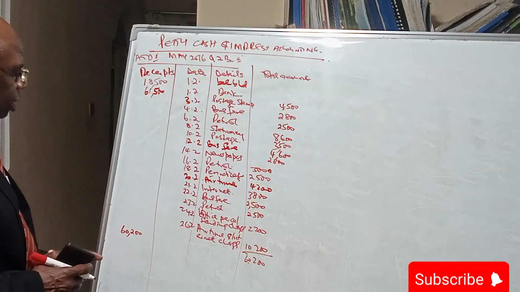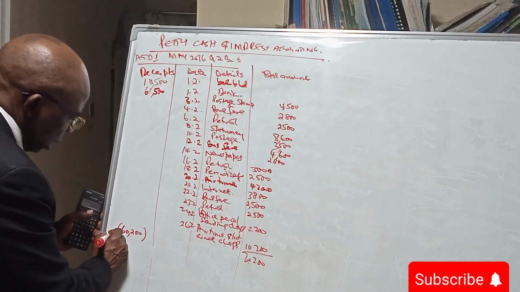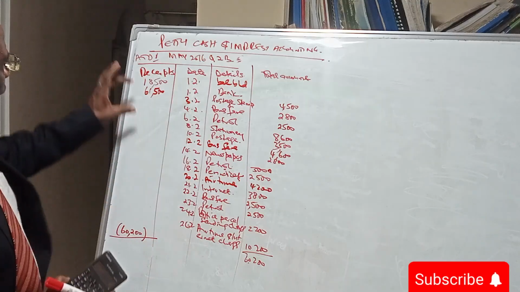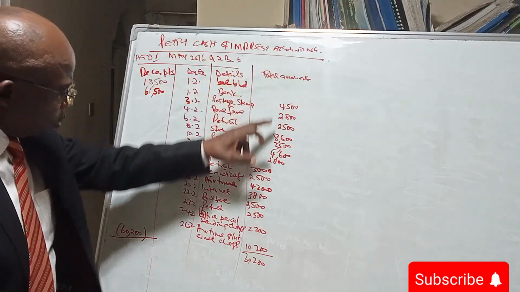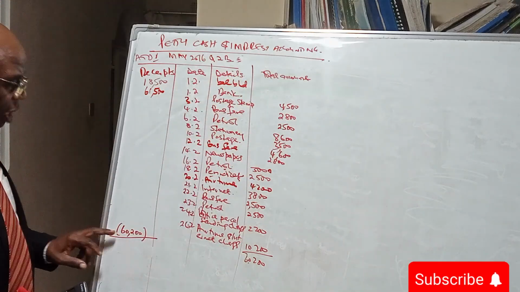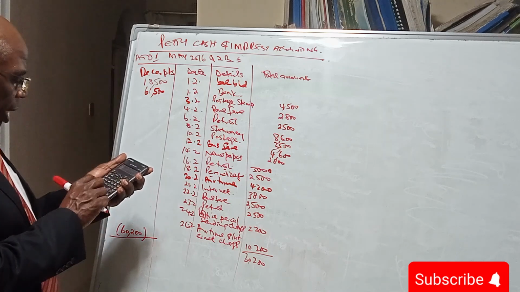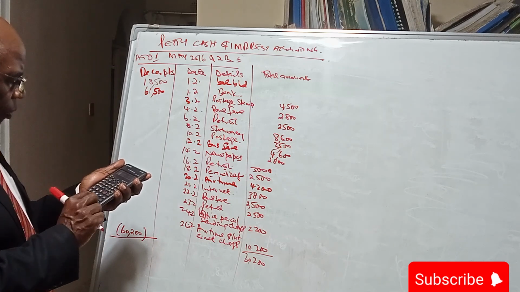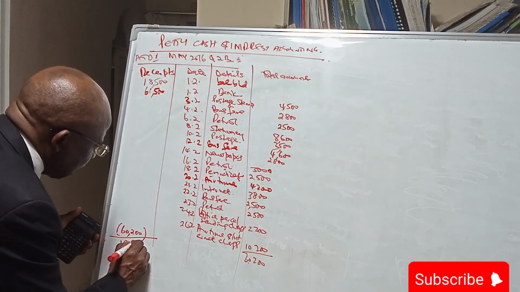Out of our 80,000, we subtract what we have already spent, 60,200. If we subtract from 80,000, we get a balance of 19,800.